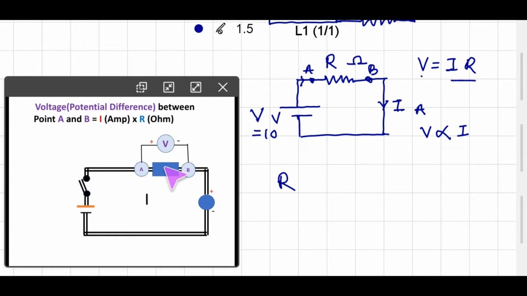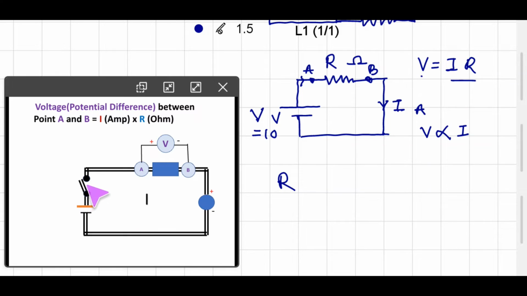In this circuit you see that this is a battery, this is the positive terminal of the battery, this is the negative terminal, and the wire is connected to this resistance R. Then another terminal is connected to an ammeter and the other terminal of the ammeter is connected to battery negative. This way the circuit can be completed.